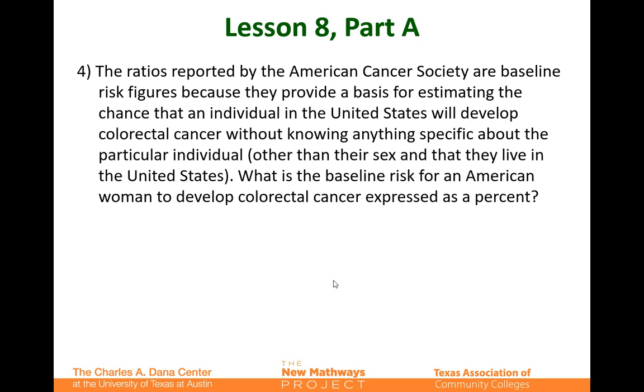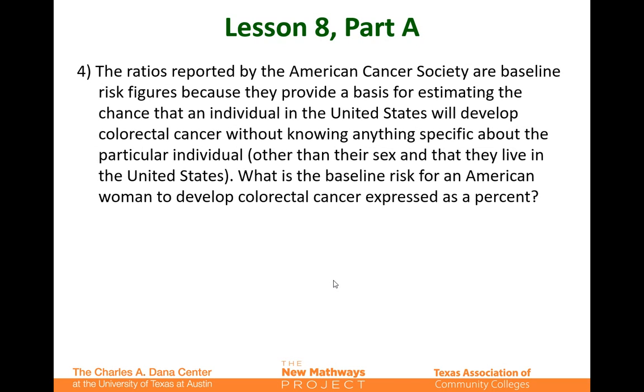The ratios reported by the American Cancer Society are baseline risk figures, because they provide a basis for estimating the chance that an individual in the United States will develop colorectal cancer without knowing anything specific about the particular individual, other than their sex and that they live in the United States.